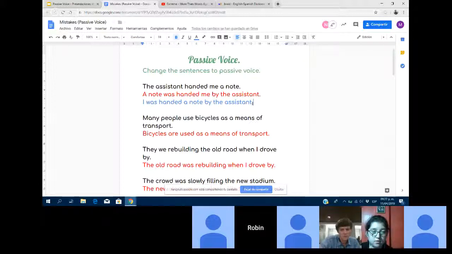When I made this mistake, it was because I thought that the note was the object, not the object. The object is me. So that is the reason that the object must be in the first place. I was handed a note by the assistant.